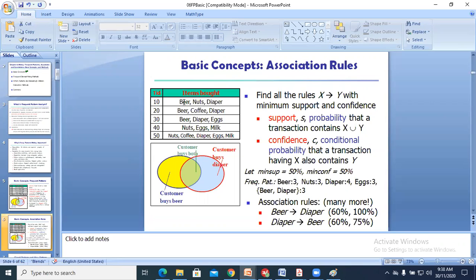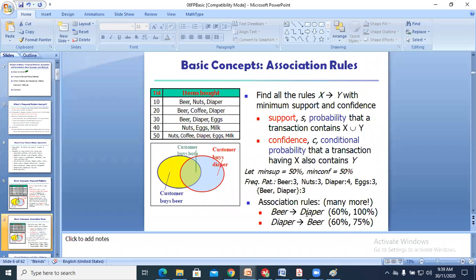So we will have this from these 5 transactions, right? So this in fact is the frequent pattern, and we will find the association rule between beer and diaper.